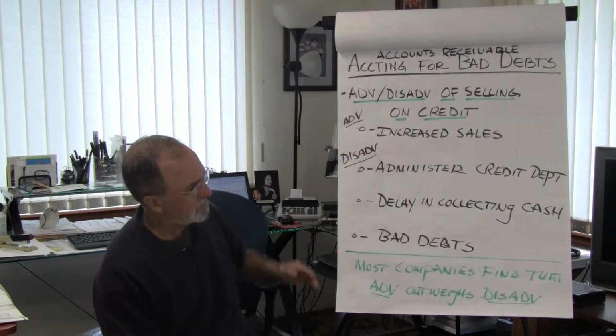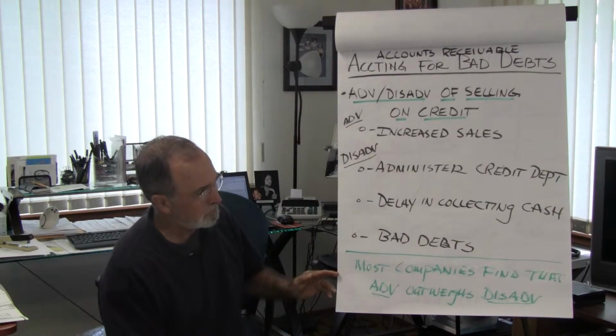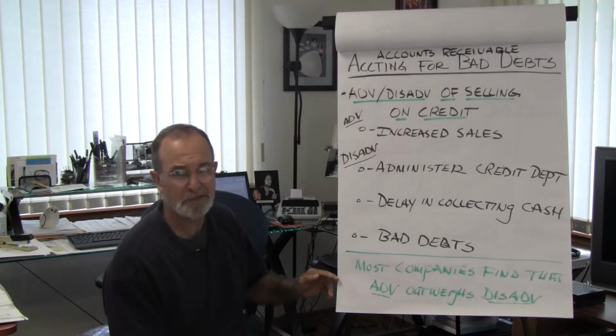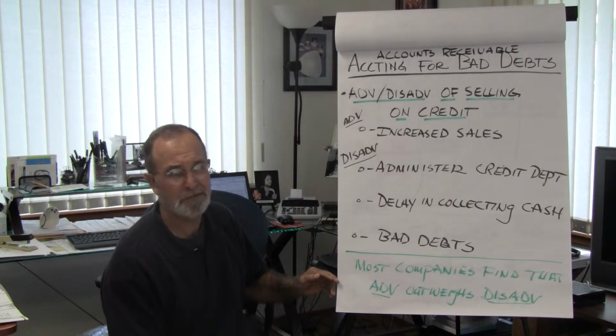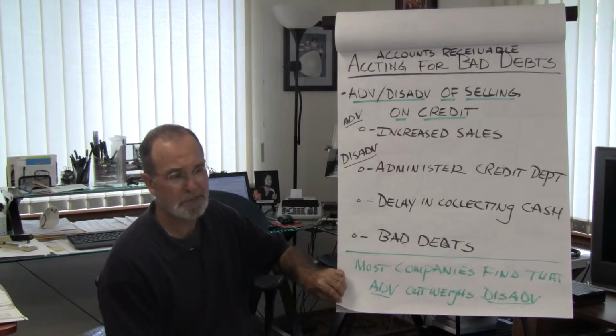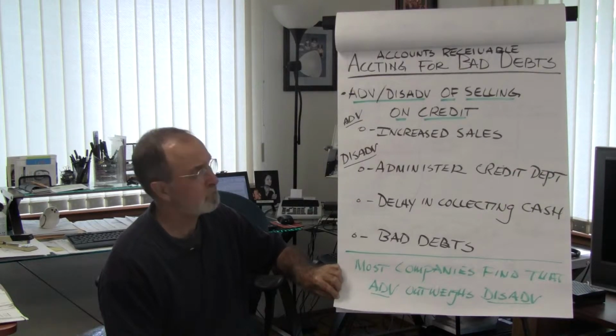All things considered, most companies find that the advantages of offering credit, that big increase in sales, usually outweighs the disadvantages of doing so. And so many companies, many larger companies especially, offer credit.